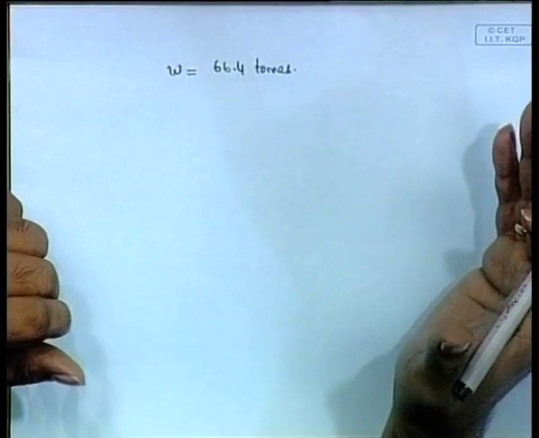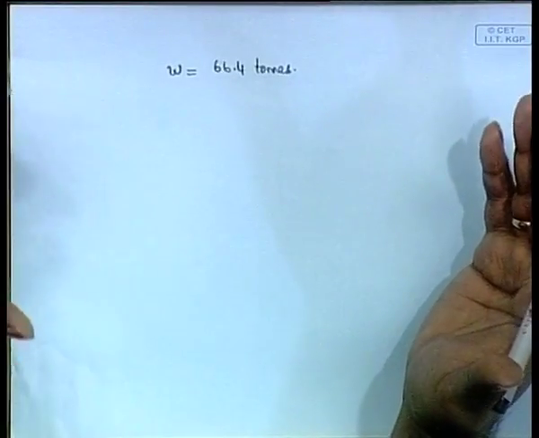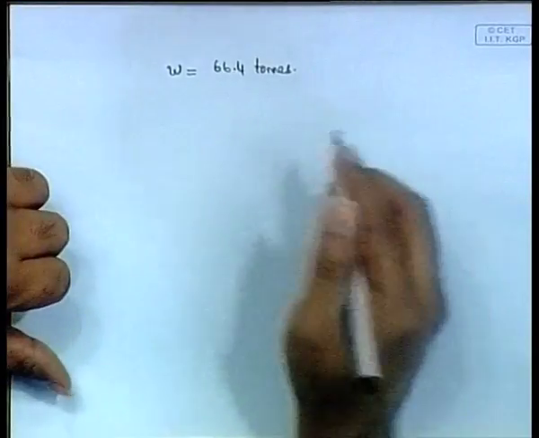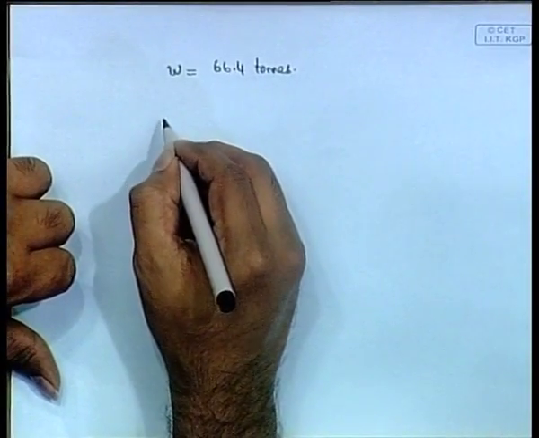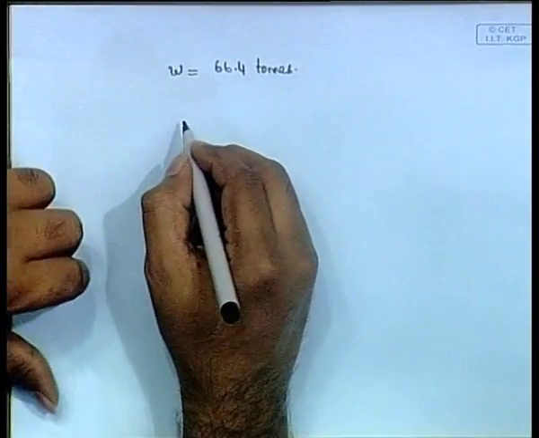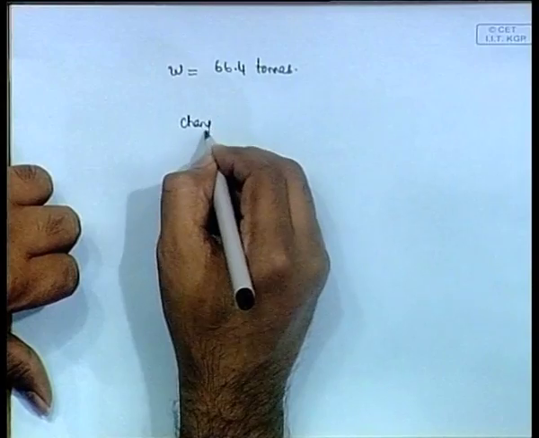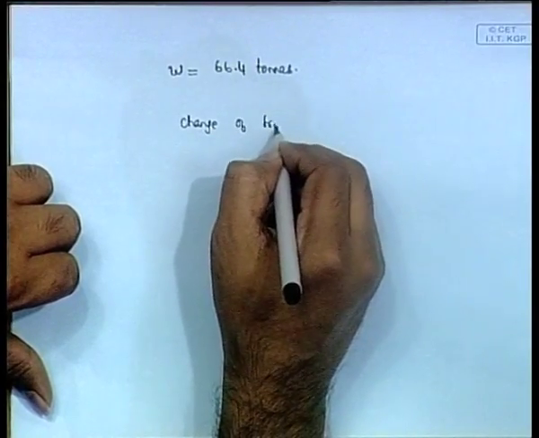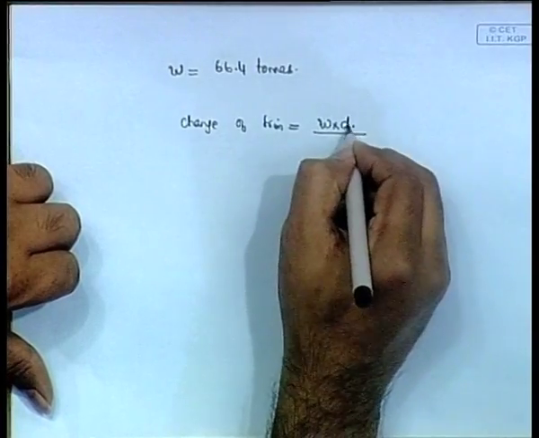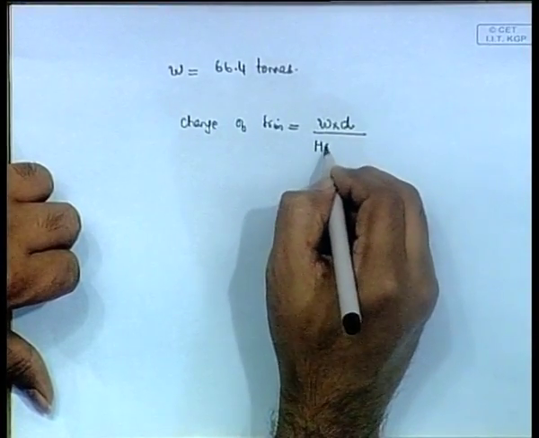So this is the amount of water that needs to be discharged at that point. Then you can also find the final values of trim and the final values of draft. This procedure is exactly the same. The change of trim is given by W into D divided by MCTC.